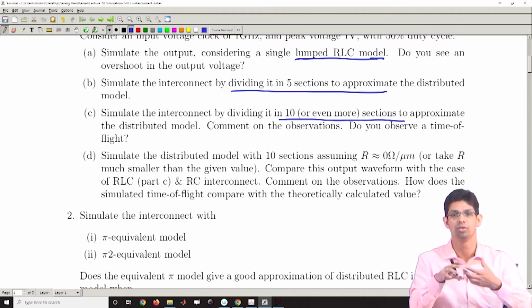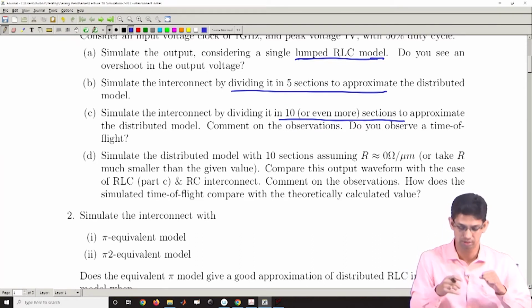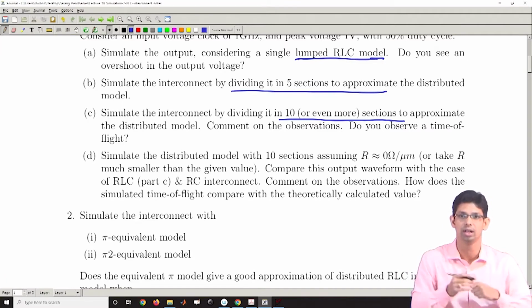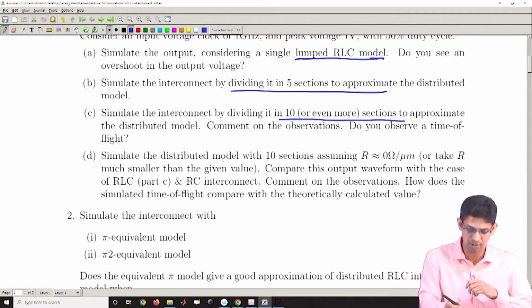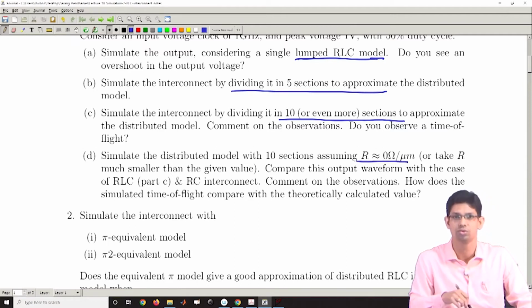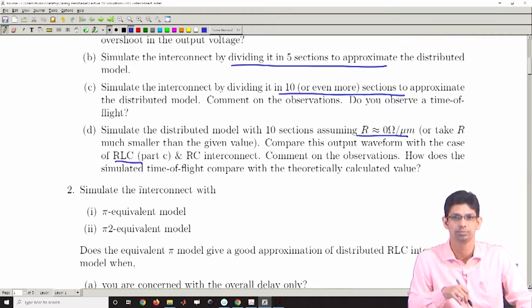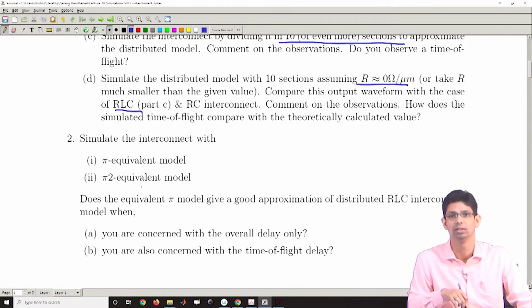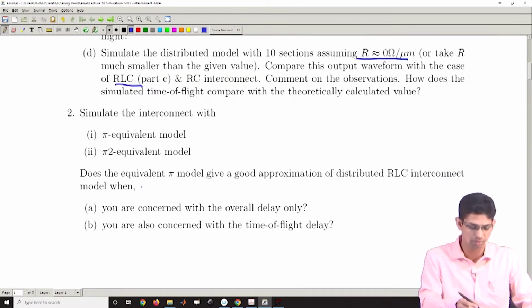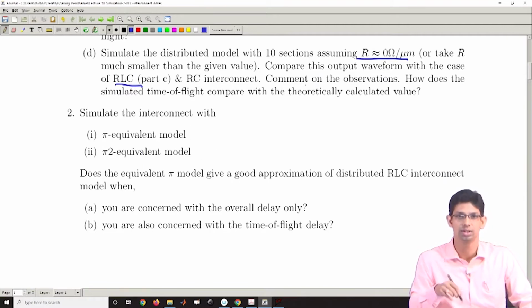We would expect purely wave type characteristics in a distributed LC interconnect. We will see what we can infer when the resistance goes to 0, and we will compare it with when there is an RLC present. Then we will end this lecture by simulation of pi equivalent and pi 2 equivalent models. This will be very simple once we have done these things.